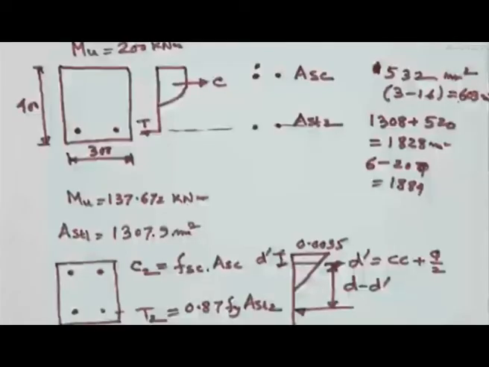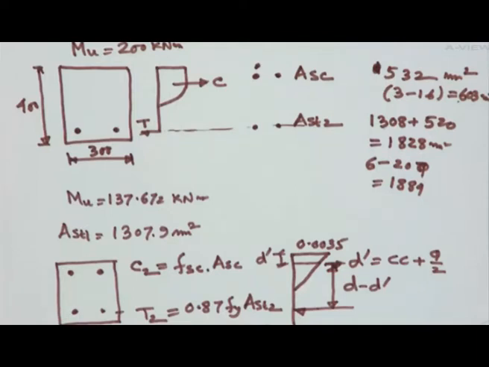Now since we are having 532, I can use 2-20 bars also. If I use 2-20 bars, then it will be 2 into 314, since the cross sectional area of each 20 millimeter dia bar is 314 square millimeter. Please try to remember these values, it will be really useful for the rest of your life.